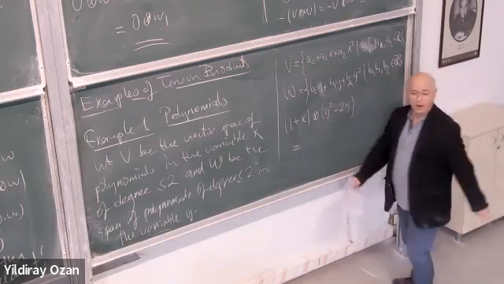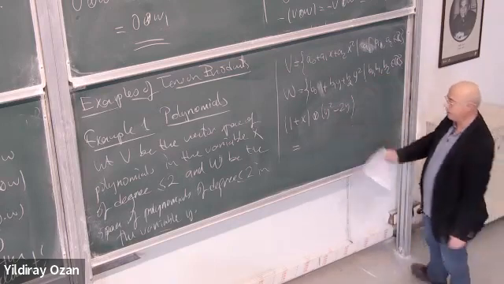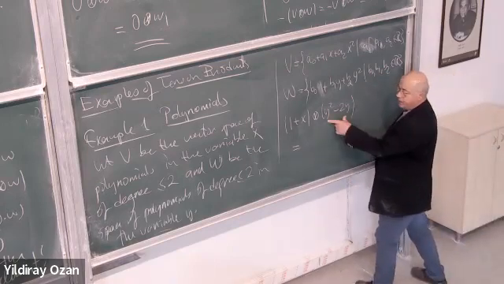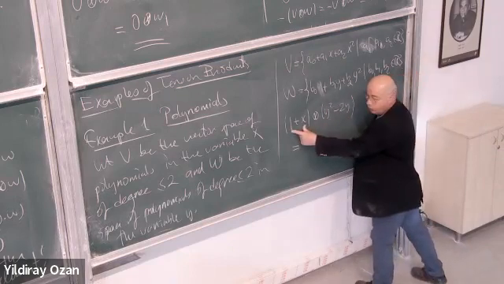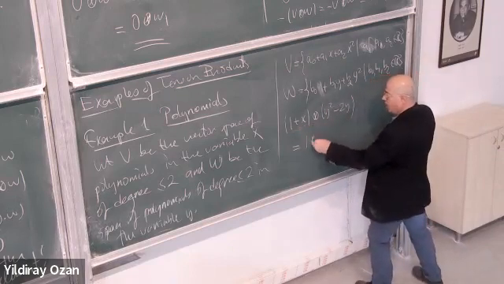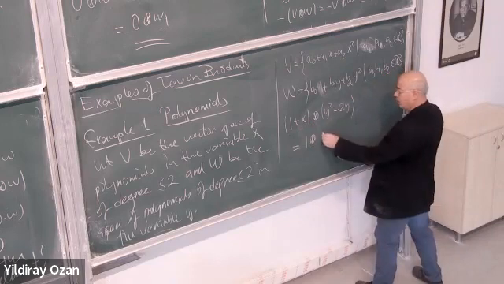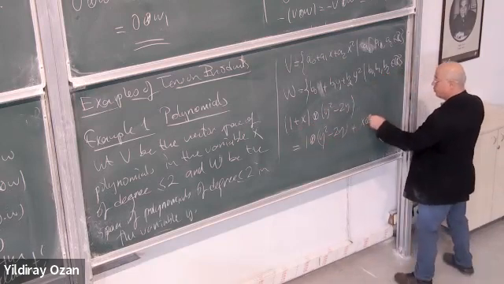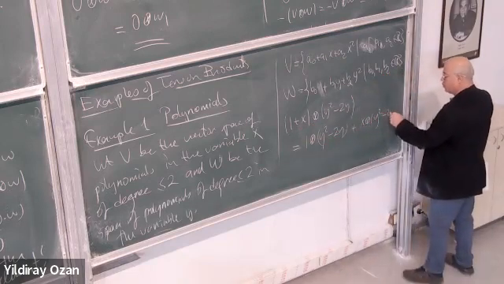Using our rules, I can write it this way, right? Consider this as a single element, but this is a sum of 2 elements. So this is just 1 tensor y squared minus 2y plus x tensor y squared minus 2y.